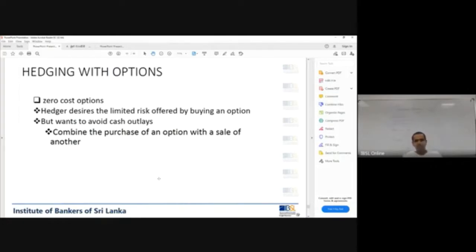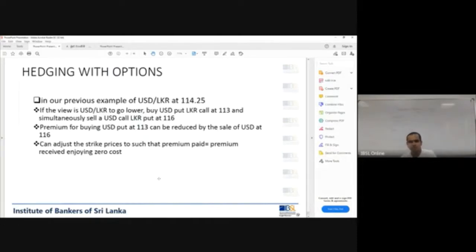The hedger desires the limited risk offered by buying an option, but wants to avoid cash outlays. So he combines the purchase of an option with the sale of another, like long call, short put. In our previous example of dollar rupee at 114.25, if the view is that the dollar is going to go lower, you buy a dollar put, LKR call at 113, and simultaneously sell a dollar call, LKR put at 116.